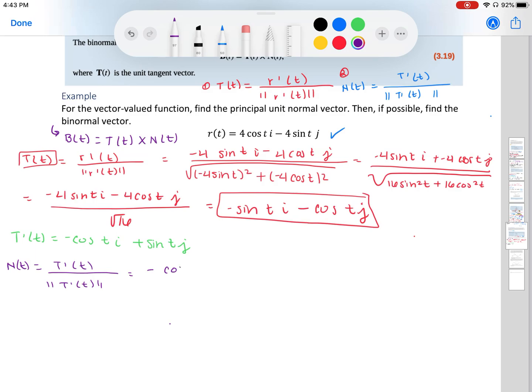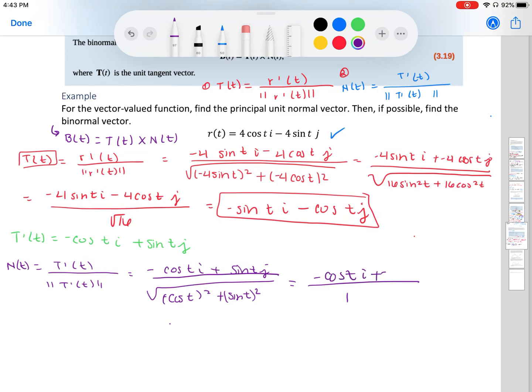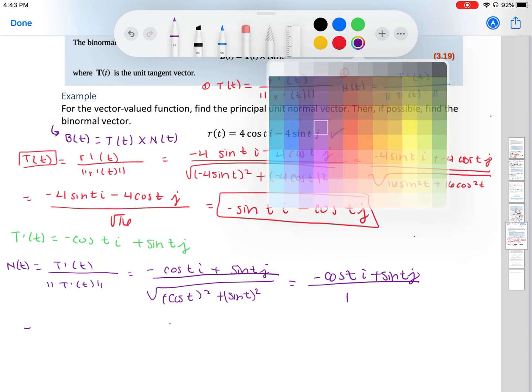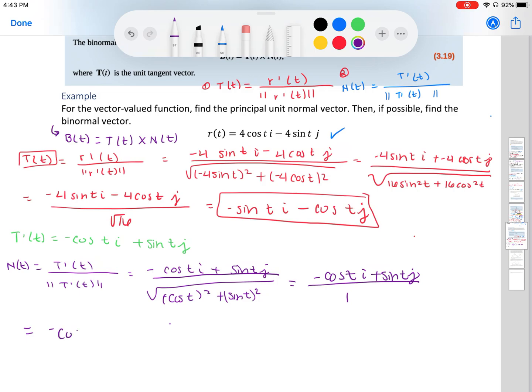So we get negative cosine t i plus sine t j divided by the square root of (negative cosine of t) squared plus (sine of t) squared, which will give us 1 by the Pythagorean identity. So we get negative cosine of t i plus sine of t j.